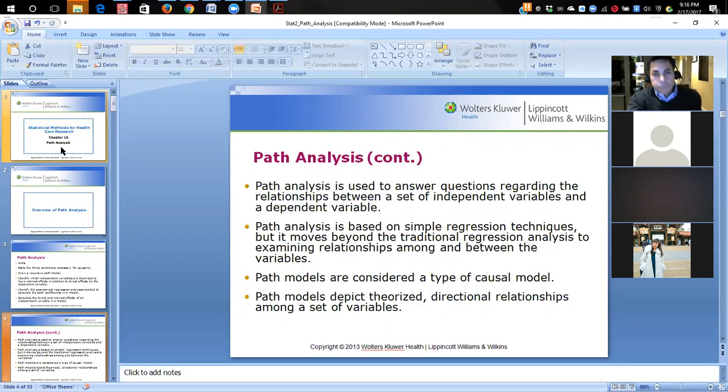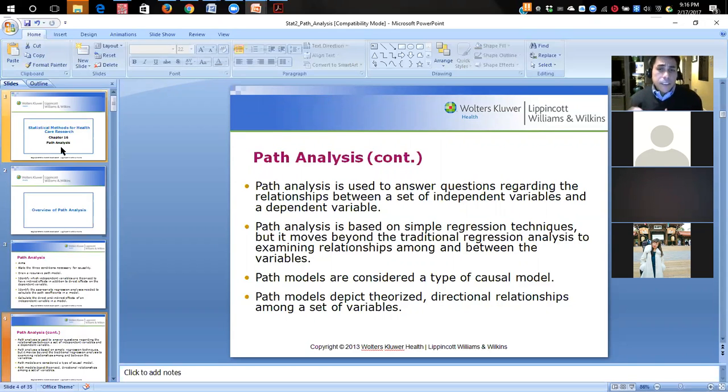So path analysis is based on simple regression techniques, but it moves beyond the traditional regression analysis, because in linear regression, we just have slopes, and then we also have our intercept, and we plug that into our model, and that's our multivariate regression modeling.